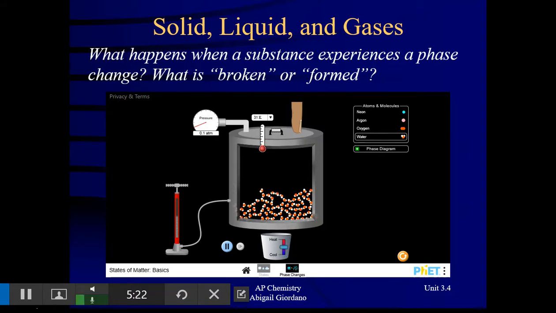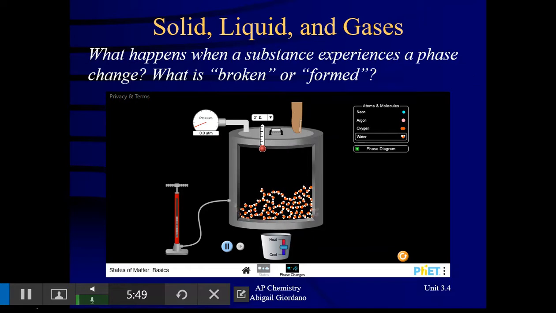So what is being formed when you cool a sample of water vapor into the liquid phase and then cool it even more into the solid phase? Intermolecular forces are being created, formed. It's not breaking those covalent bonds. So I just wanted to go through that with you.